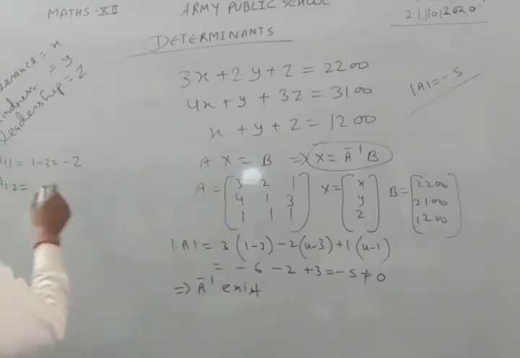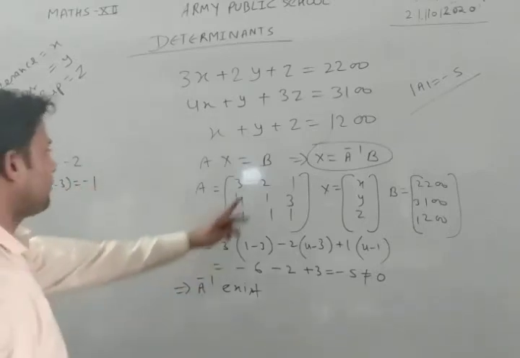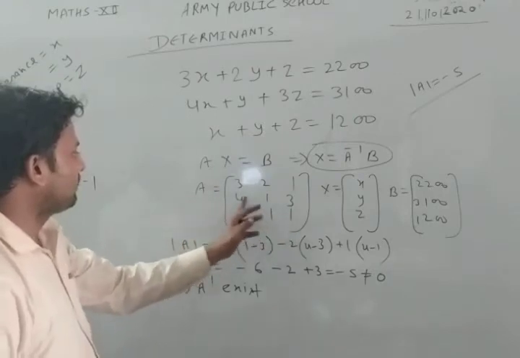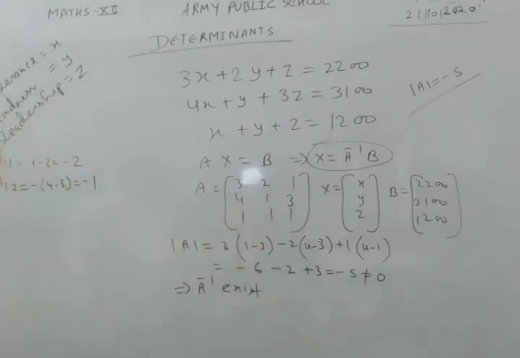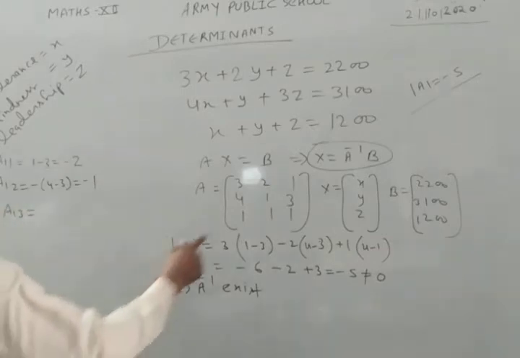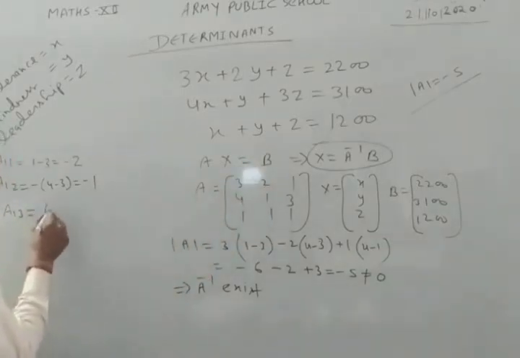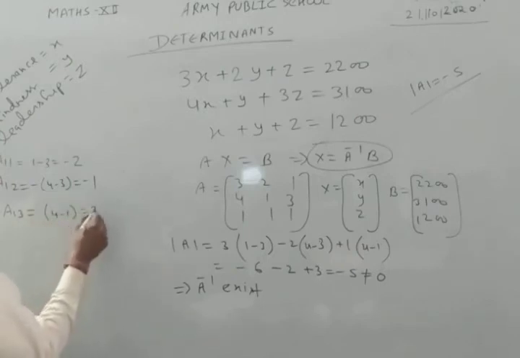A12, cancelling, 4 minus 3, this is minus 1. A13, cancelling, 4 minus 1, this is 3.